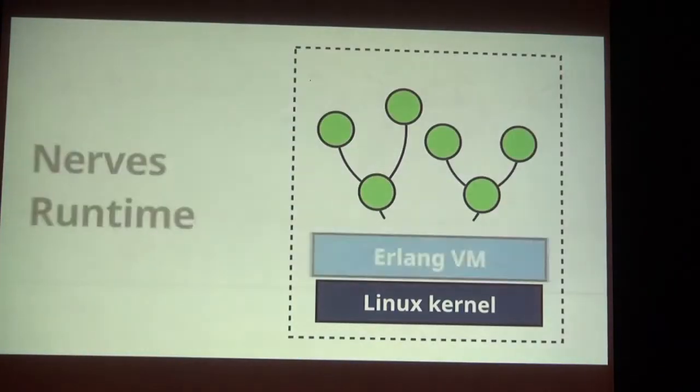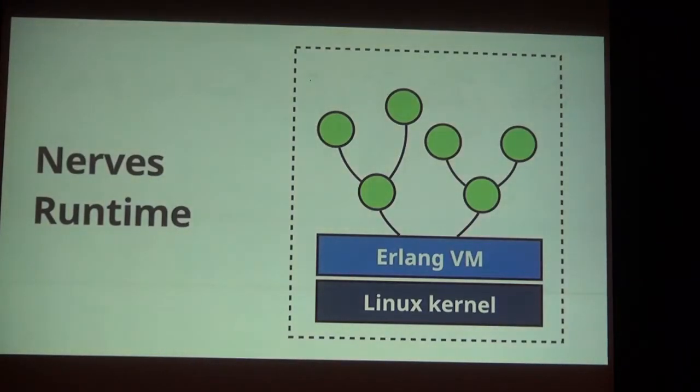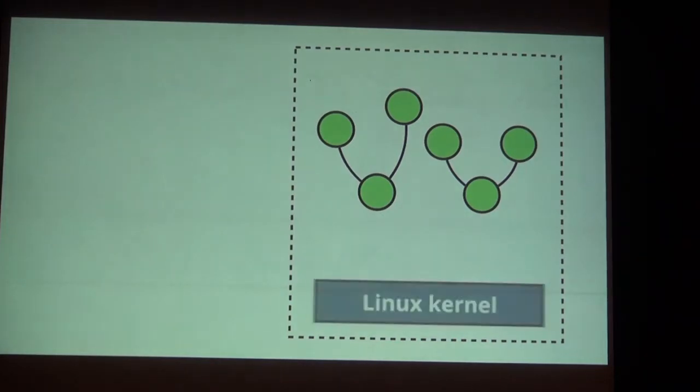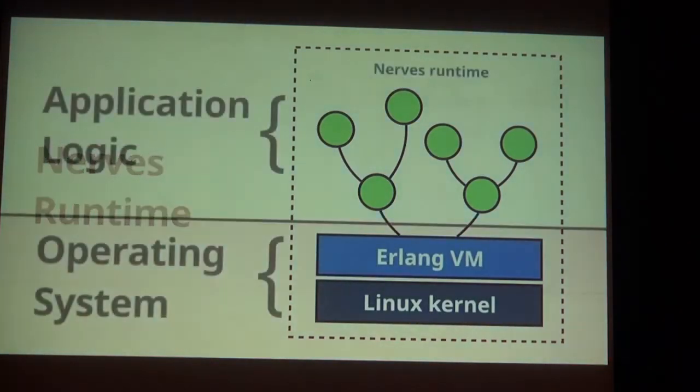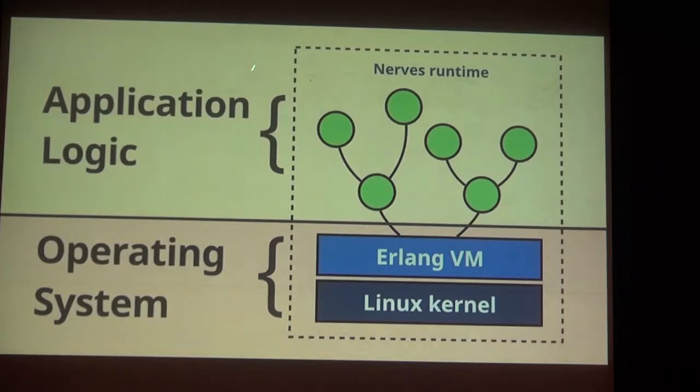Nerves Project builds a runtime on the Linux kernel and the Erlang VM to allow you to model your processes in a way that lets you put all of your application business logic at the top and your operating system at the bottom. Your operating system is Erlang.